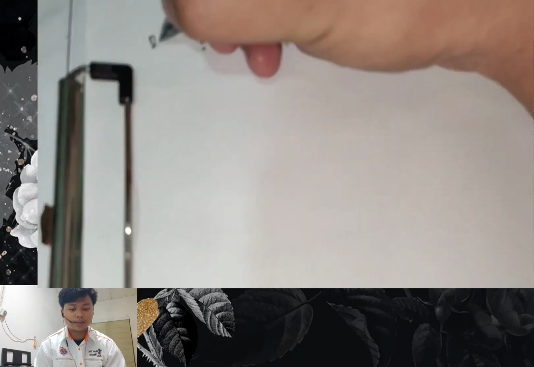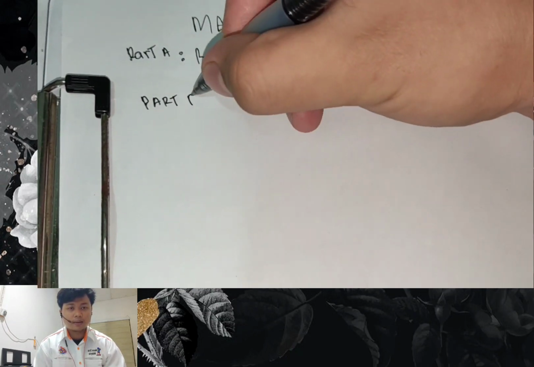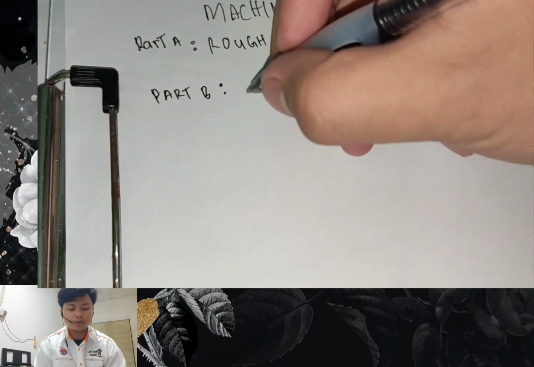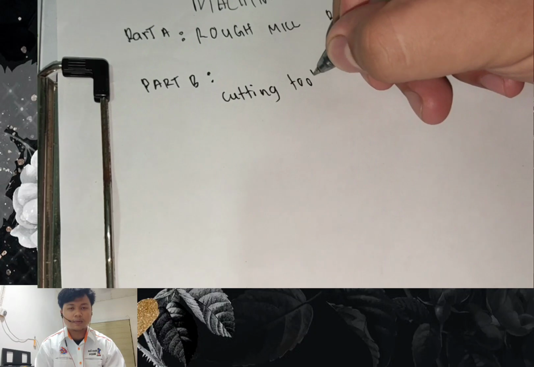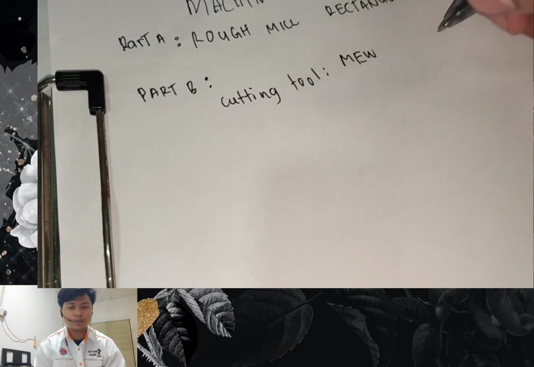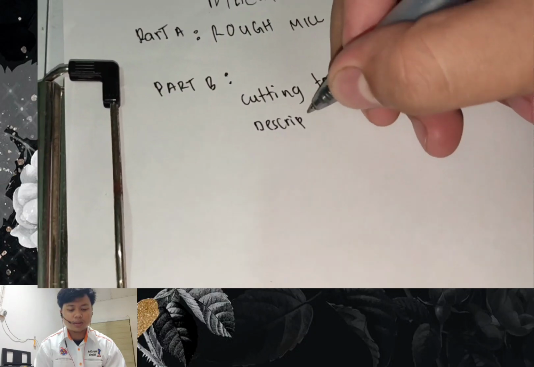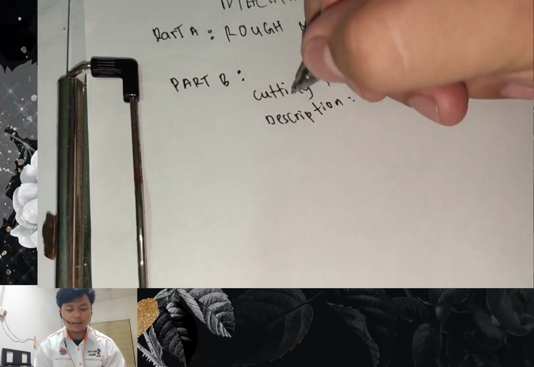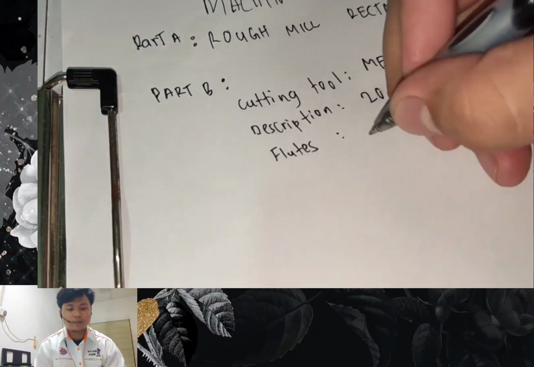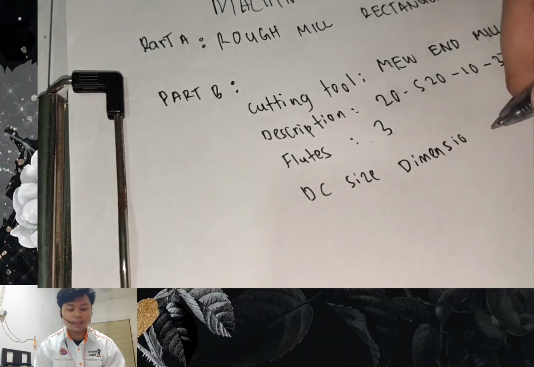So for this machining process, the cutting tool we're going to use is the MEW end mill. For the description, we use 20 S20 10 3T, and for the flutes we set it to 3.